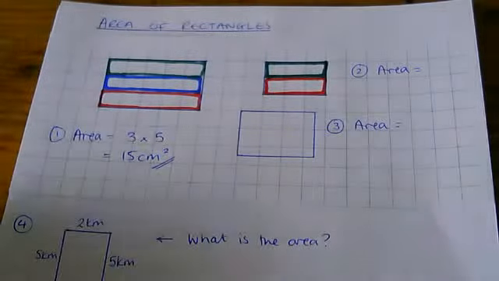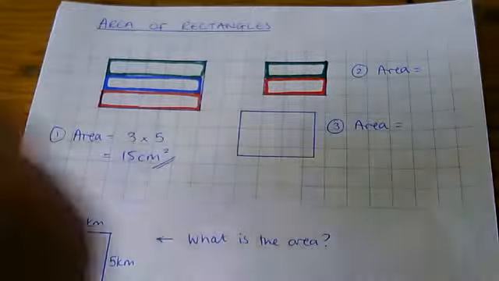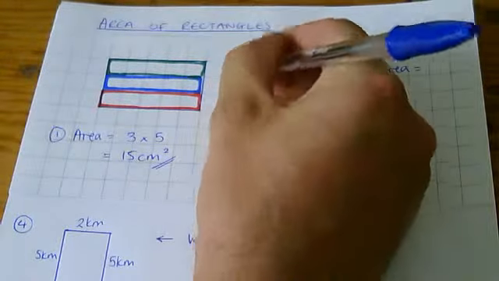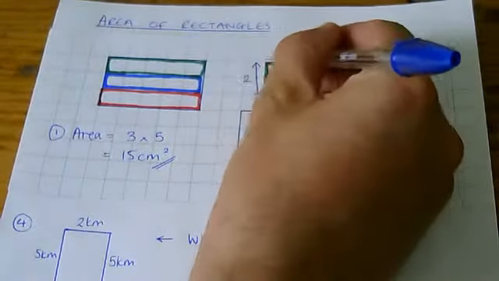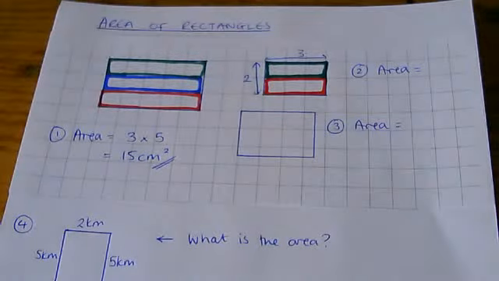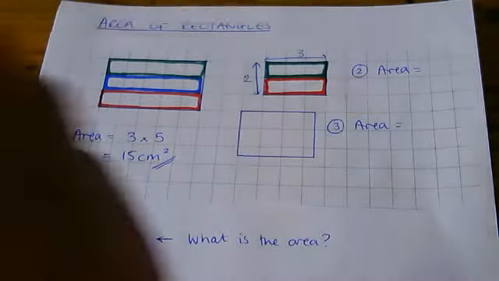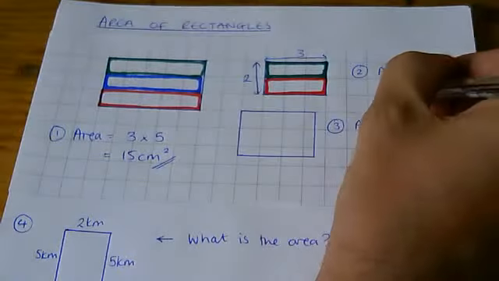So this time round there are 2 lots of 3. Notice that the height is 2 centimetres and the width is 3 centimetres. So the area is 2 times 3, 2 lots of 3, which is 6.